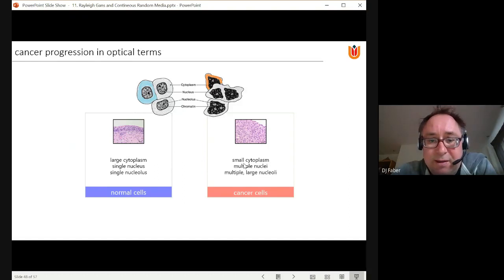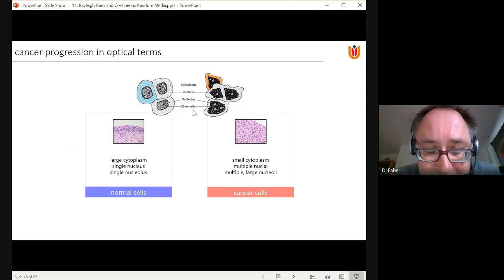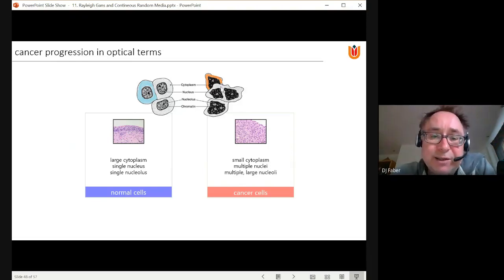So multiple nuclei can occur in the cell, for example, or more mitochondria because the cells are so metabolically active, and their shape changes. We can expect that this will lead to a change in scattering properties, but how exactly is not so well understood.